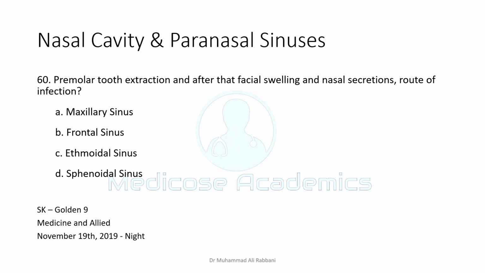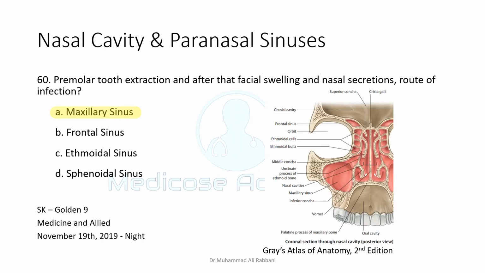Nasal cavity and paranasal sinuses. Premolar tooth extraction. After that, a facial swelling and nasal secretions occurred, and the route of infection is that. You should know the relation of the teeth to which sinus, and the very good example is maxillary sinus, just above the upper teeth, especially the molars and premolars. There is maxillary sinus, and especially the bone that is separating the two becomes thinner and thinner with age.